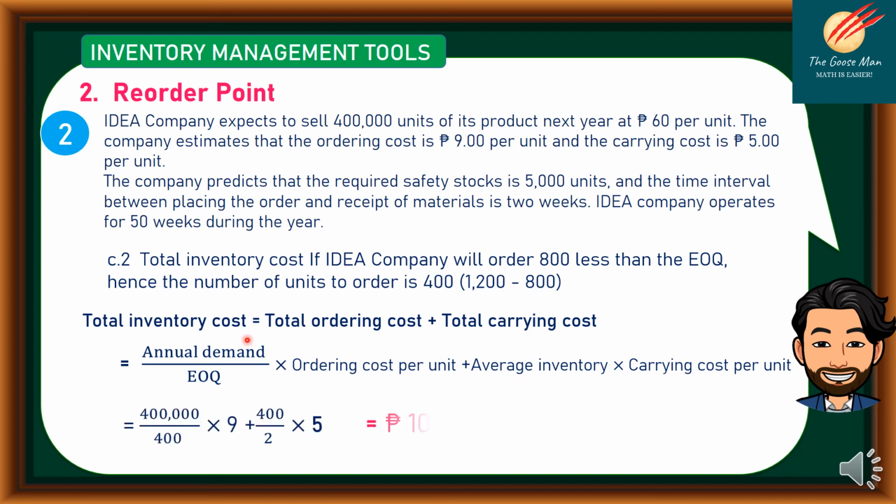Take note that our annual demand is 400,000, the order quantity is now 400, and the ordering cost is 9 pesos, plus 400 divided by 2. Recall that the average inventory is the order quantity divided by 2, times 5. 5 is our carrying cost. Therefore, the total inventory cost is equal to 10,000 pesos.